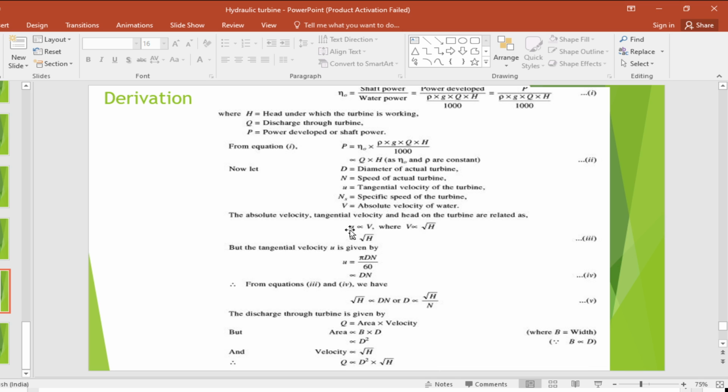So we can find out the tangential velocity. This relation of absolute velocity is by using the flow ratio.